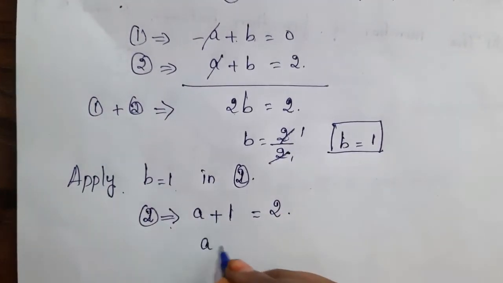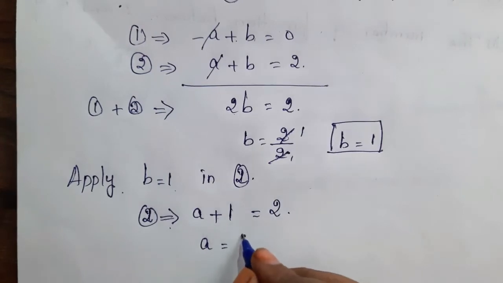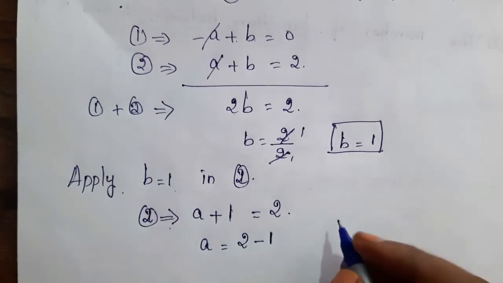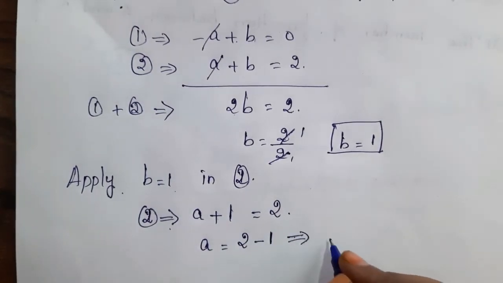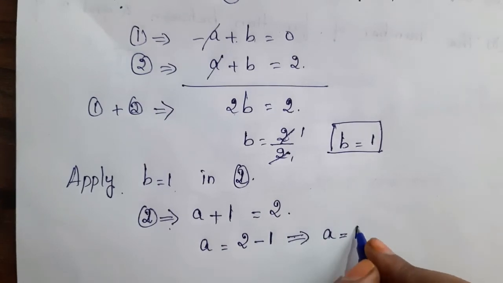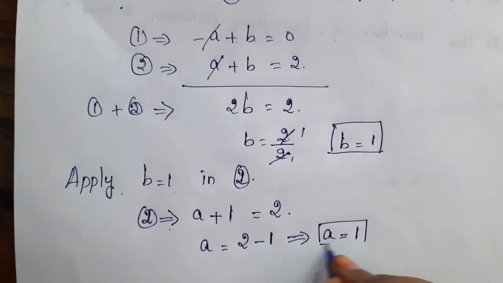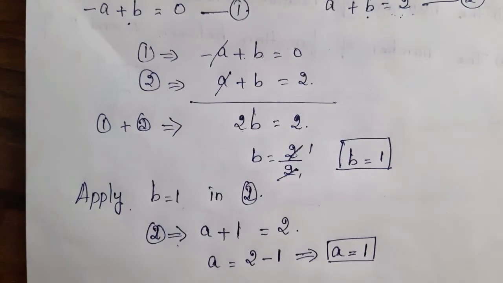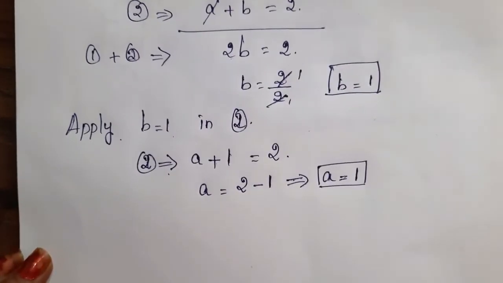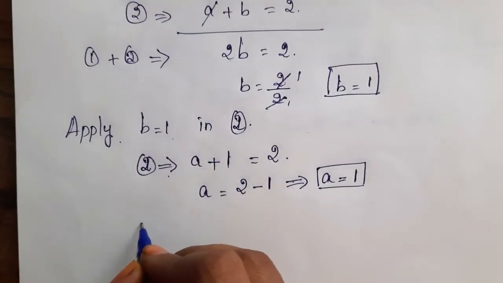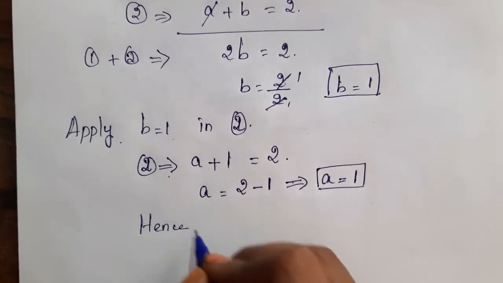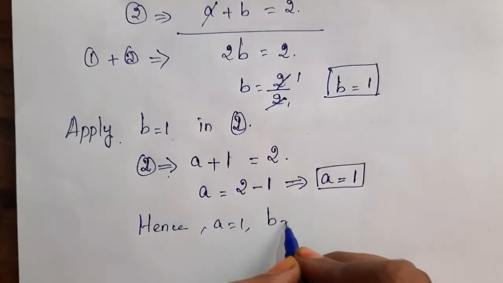Now a equal to, bring that 1 there, 2 minus 1. That implies a equal to 1. So we found out, hence a equal to 1, b equal to 1.